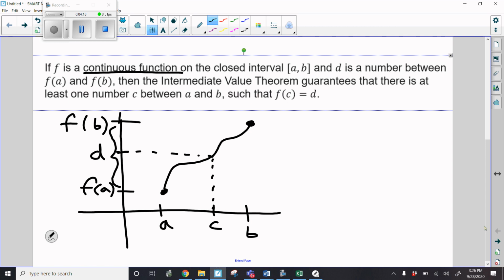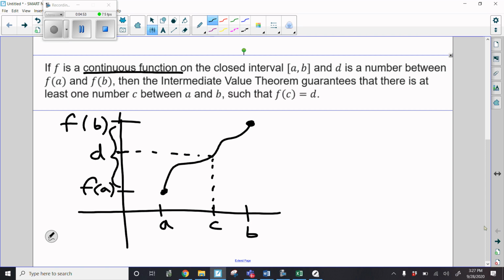So basically, as long as we know that we have a value d in between f of a and f of b, there must be some c somewhere in between a and b, we have to hit that value. Basically, what it guarantees is, as long as f is continuous, we have to go through every y value in between f of a and f of b. Okay? So we have to hit every y value.